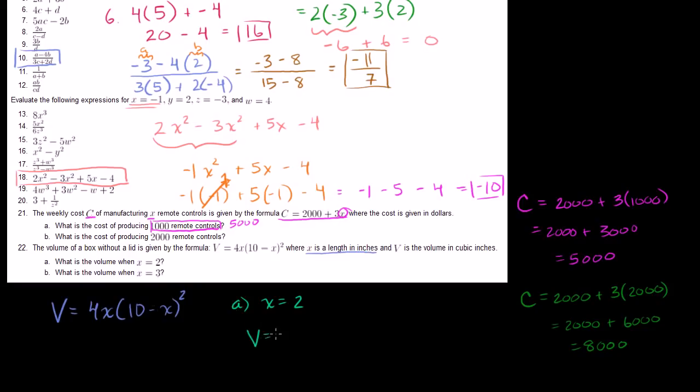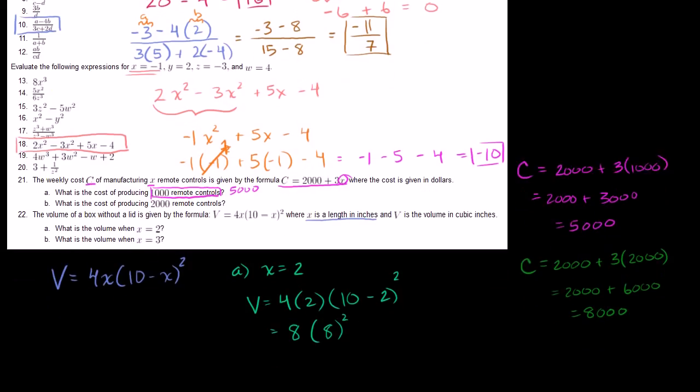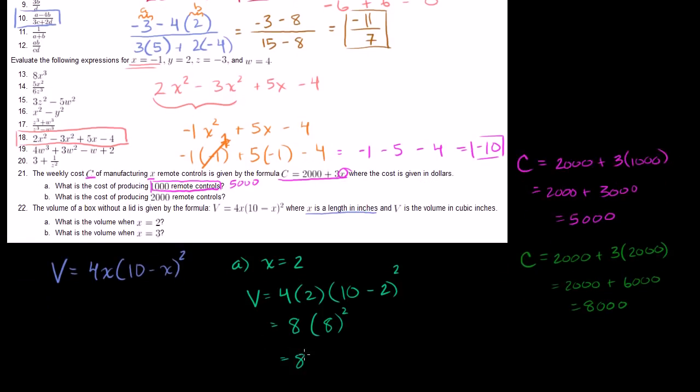So the volume is going to be equal to 4 times 2, times 10 minus 2 squared. And so this is going to be equal to 4 times 2 is 8, times 10 minus 2 is 8 squared. So that's equal to 8 times 8 squared is 64.